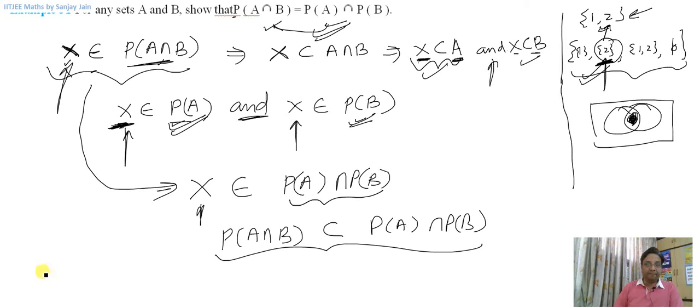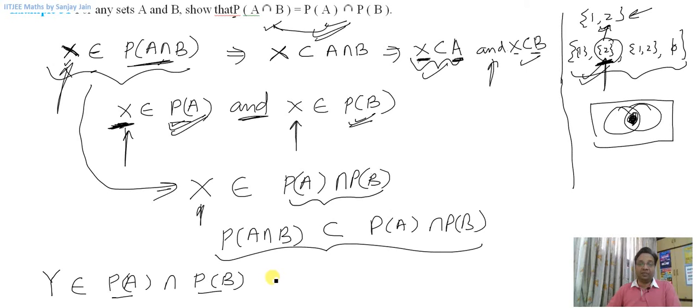Let us say there is a general element Y which belongs to the intersection of power set of A and power set of B. If it belongs to the intersection, then definitely it belongs to power set of A and it also belongs to power set of B, because it is common to both these sets.